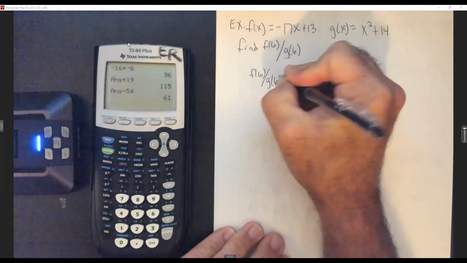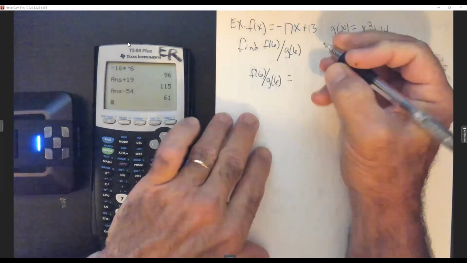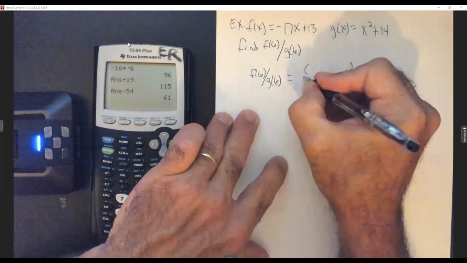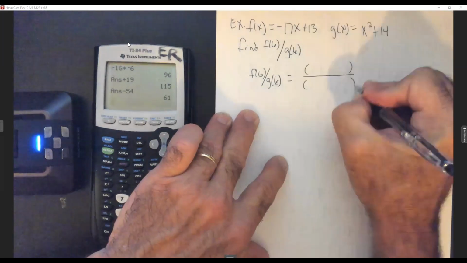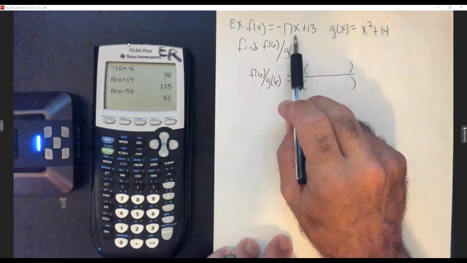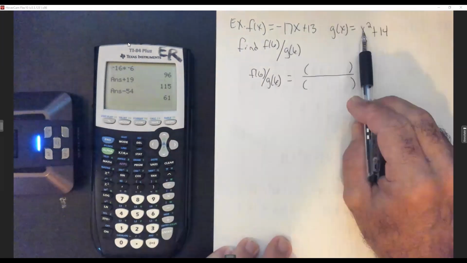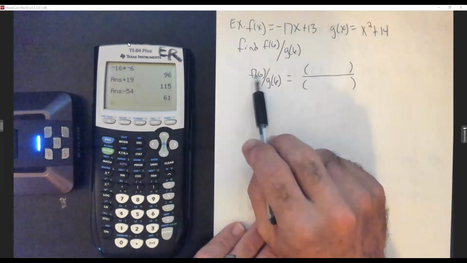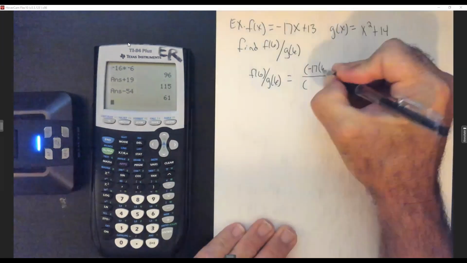So f of 6 divided by g of 6 is going to equal my f divided by my g. And remember, for the f, I'm going to put a 6 in for that x, and then on the g, I'm going to put a 6 in for that x, since they're giving me 6's for both of them. So on top will be negative 17 times 6 plus 13.